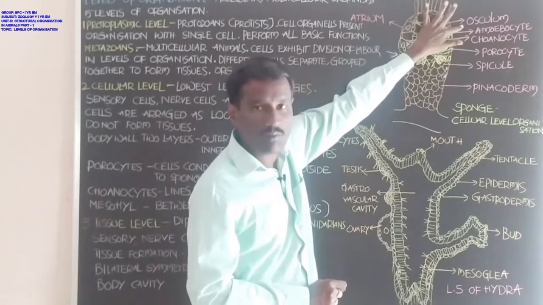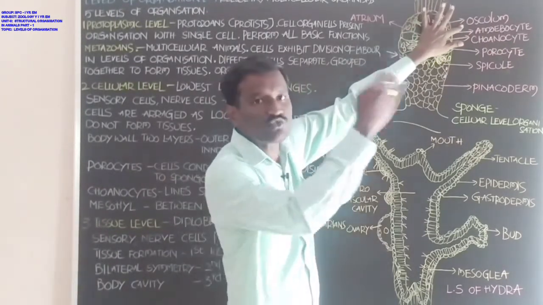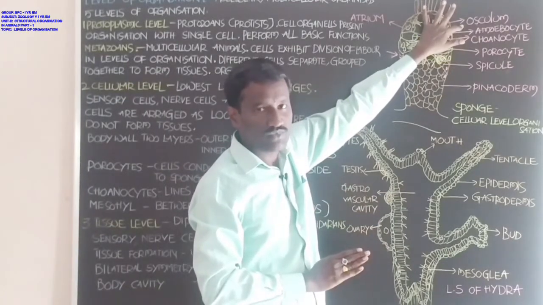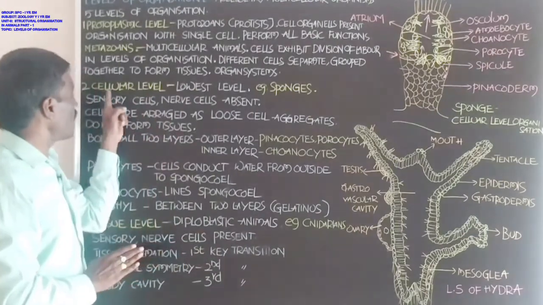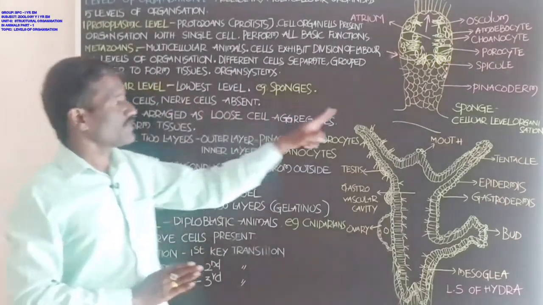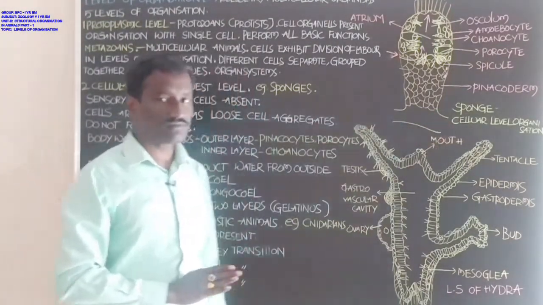By the osculum, water is expelled to the outside. Okay, students, this is about the cellular level of organization in a sponge.